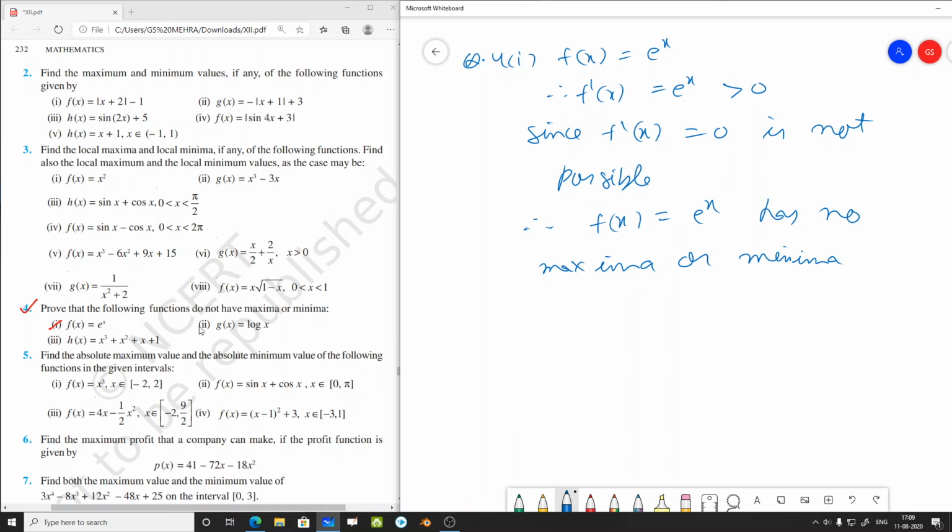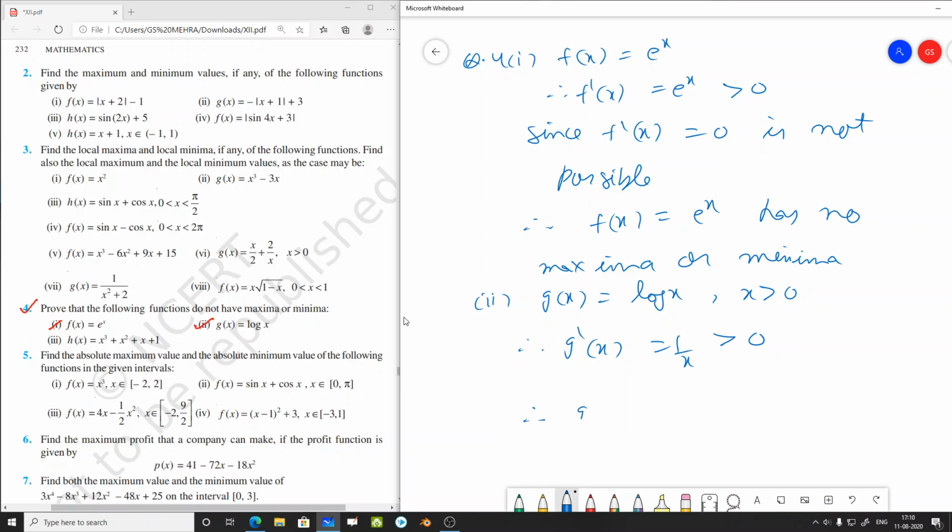Now we'll go to the second part. We have g(x) equal to log x, and we know that for this the value of x is always greater than 0. Therefore, g dash x equal to 1 by x. Since x is greater than 0, 1 by x will also be greater than 0.